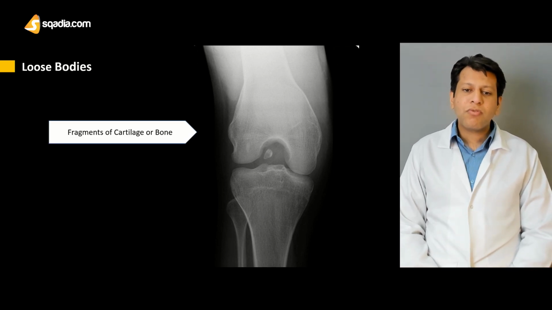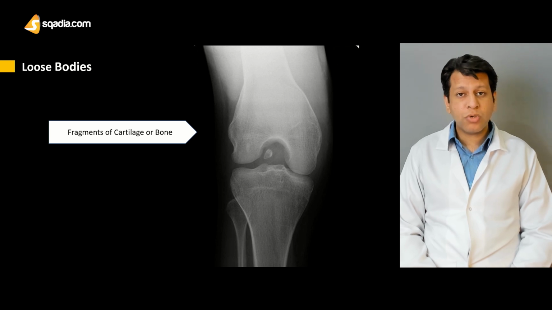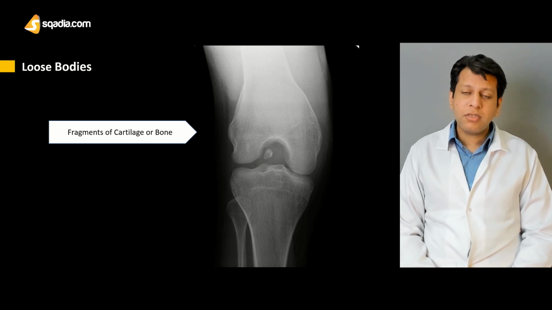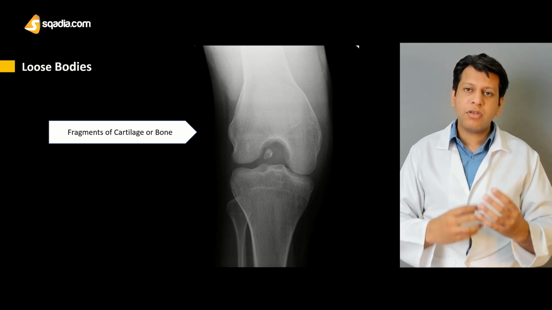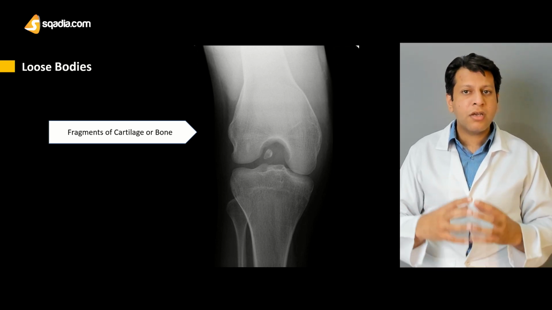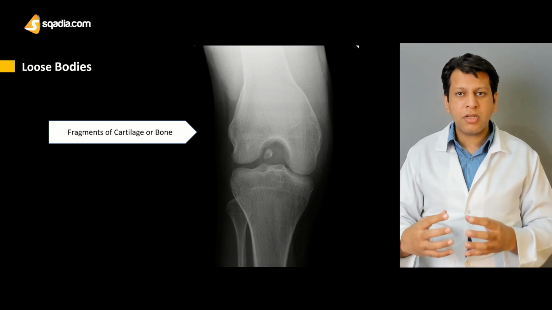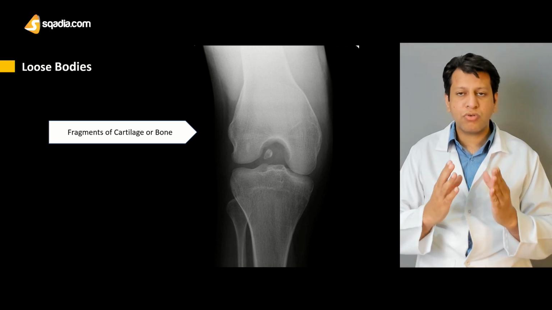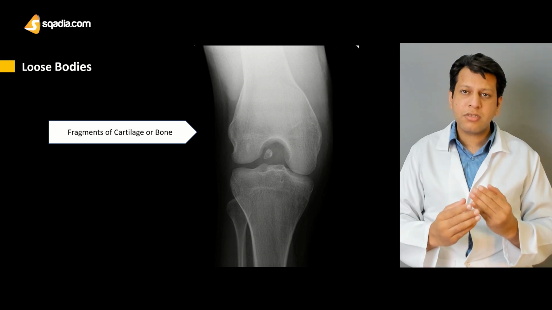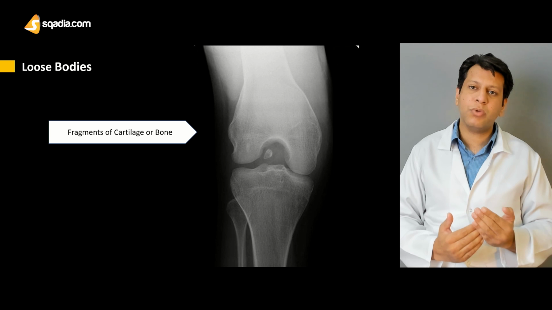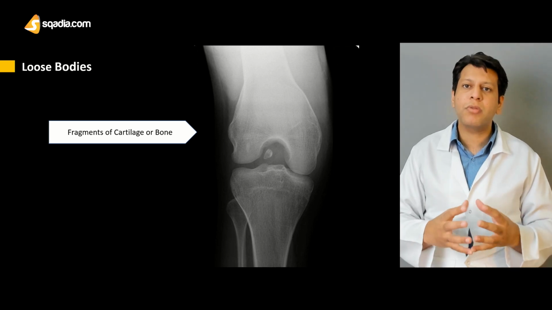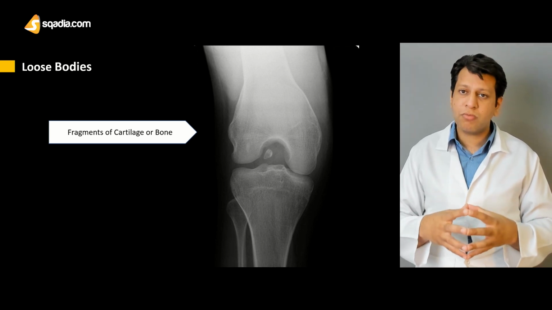These are fragments of cartilage, or sometimes bone as well, but mostly they are cartilaginous fragments which, due to a traumatic or initiating event causing trauma to the cartilage, are shed into the joint, leading to a cartilaginous loose body formation.